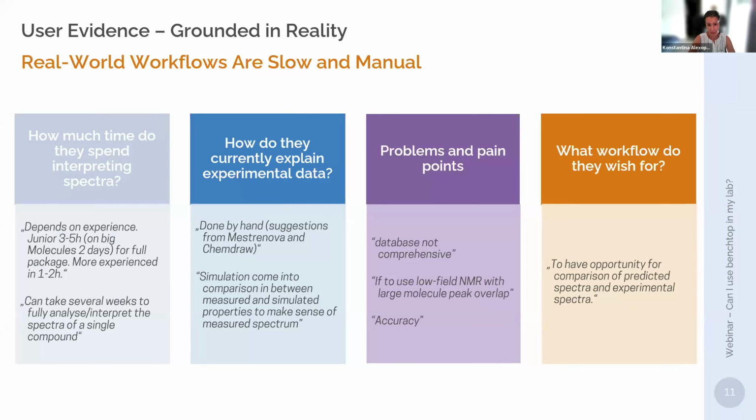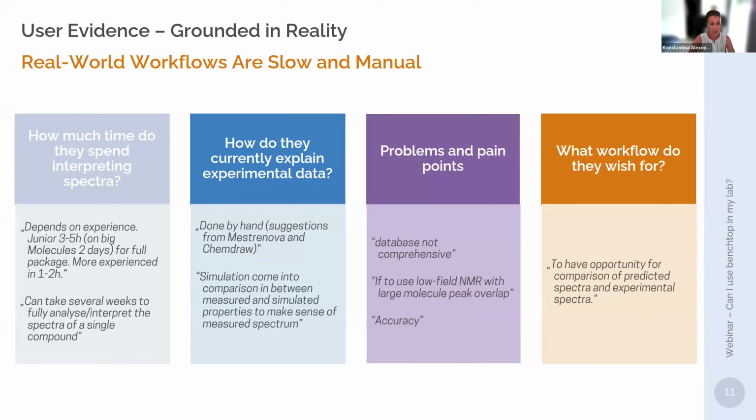So from different discussions and surveys, we heard really often that spectrum interpretation is often time-consuming, especially for complex samples. Many of the scientists still rely on manual workflows. The existing databases and the prediction tools that you are using have many limitations.